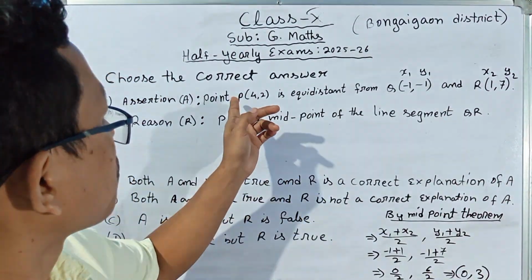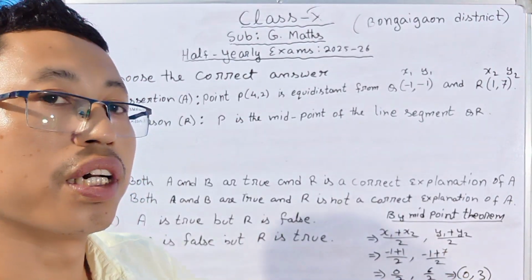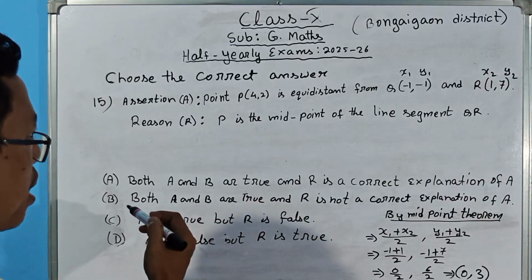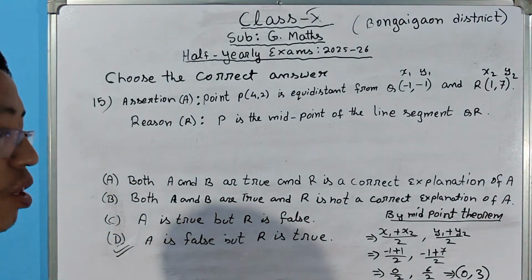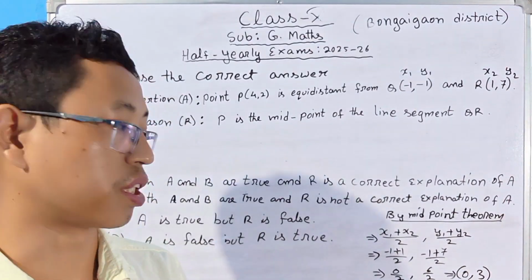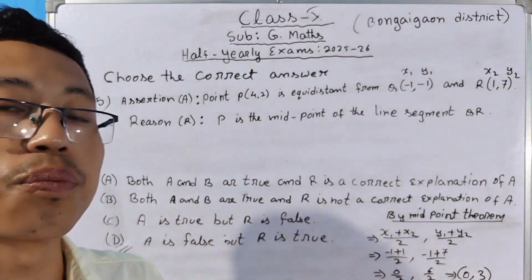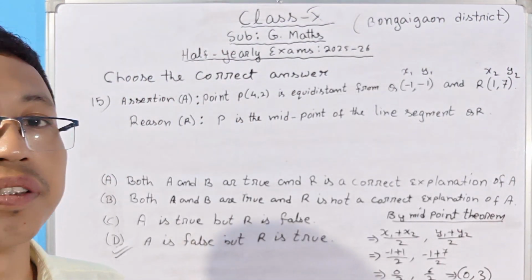So which is not matching here. So our option is D, where we have only the assertion false. So option D is the correct answer. Clear? Why? Because there is only one option whose assertion is false written here.